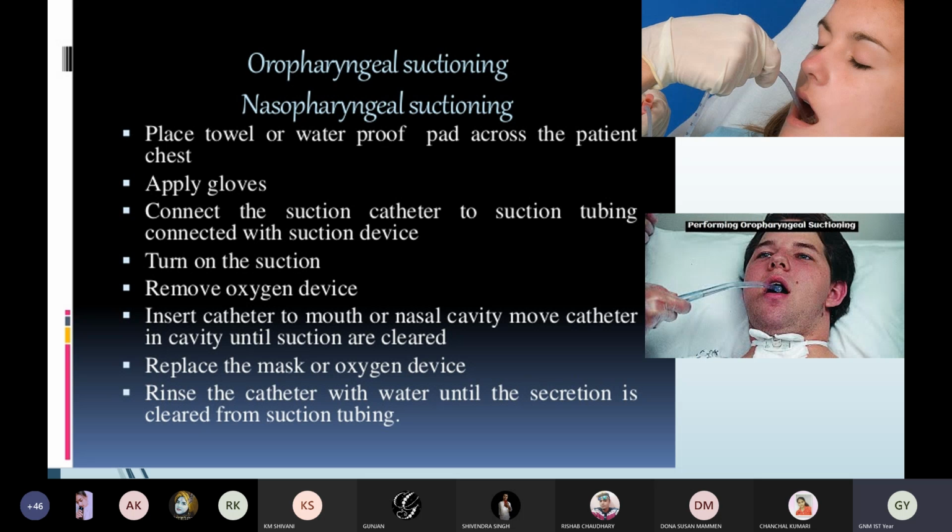When it sucks the water, the catheter will be clean. I think you must have seen it in the video I sent yesterday. So we have to rinse and clean the suction catheter. Make sure there are no secretions left, it should be clean.